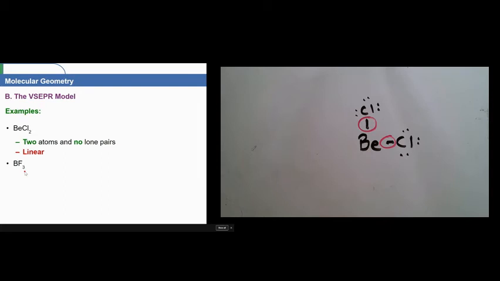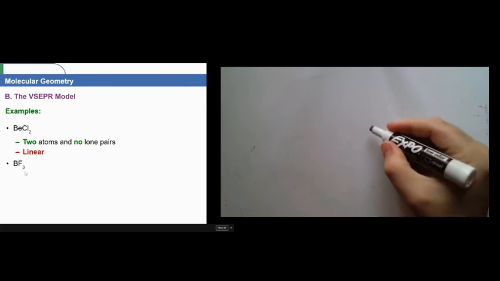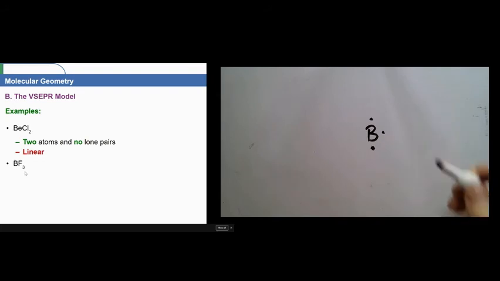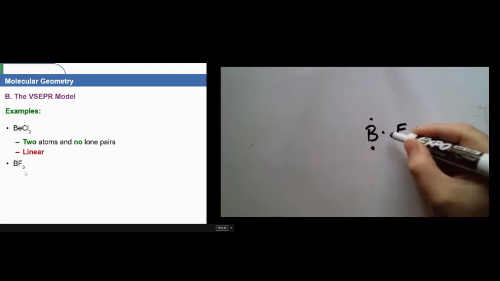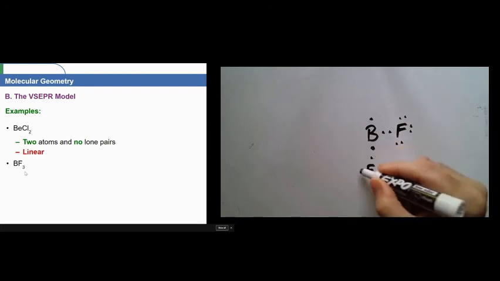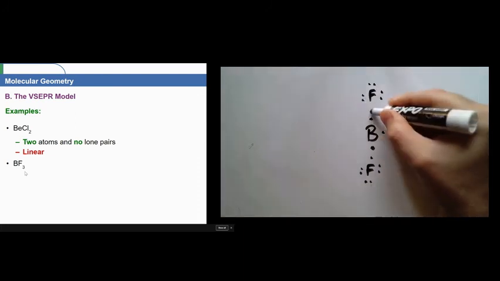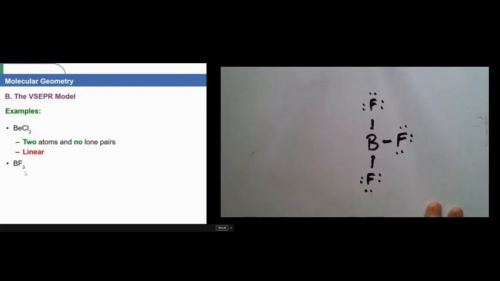BF3, let's do that one now. And by the way, notice here, I did not count these electrons as around the middle atom. Now boron is in column 13, so boron has 1, 2, 3 dots. Each fluorine has 7, and each one can make 1 bond. So when I draw it, I have this.